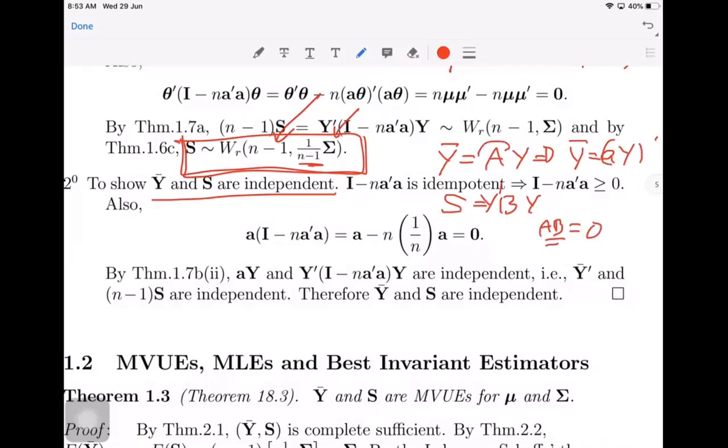So our A here will be A, and our B will be I minus n A prime A. Are you with me? So this is our A, this is our B. Okay? Are you still with me? Yes, ma'am.